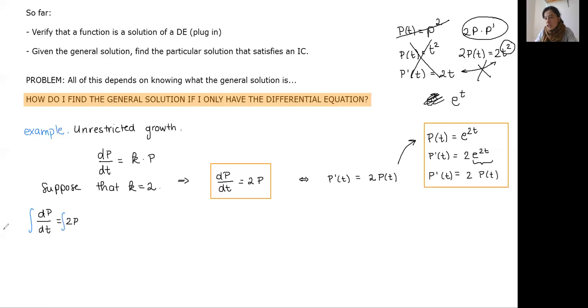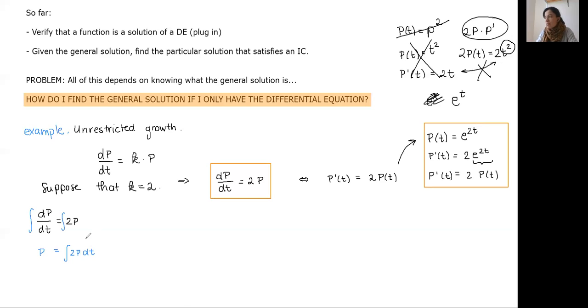Right? In which case, we would end up with just the function p on this side, and then on the right-hand side, we would have to integrate 2 times p with respect to t. Right? So we're trying to find the function p, and then on the right-hand side, we end up having to integrate the function p.